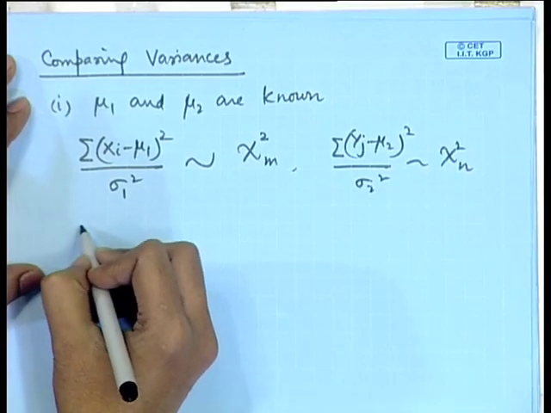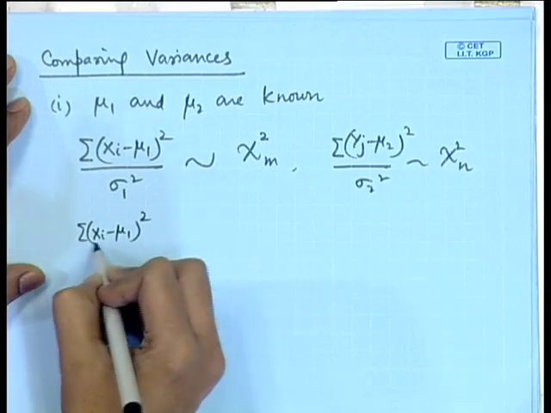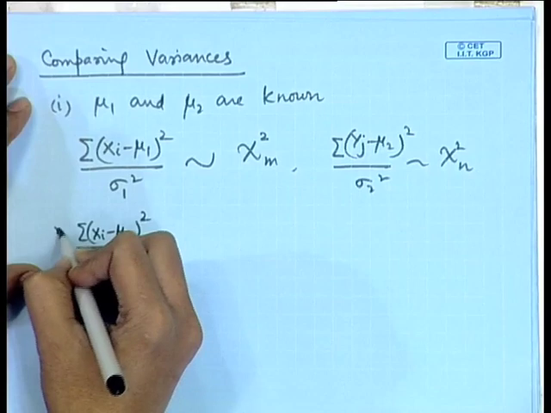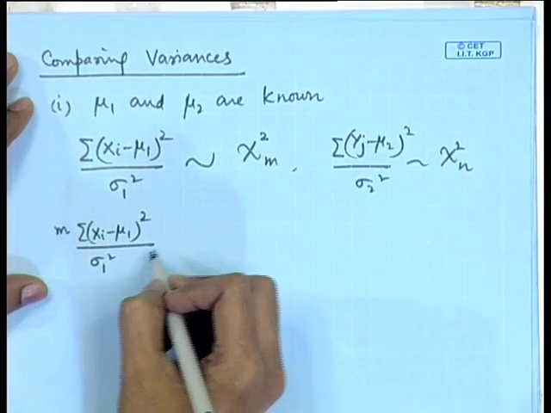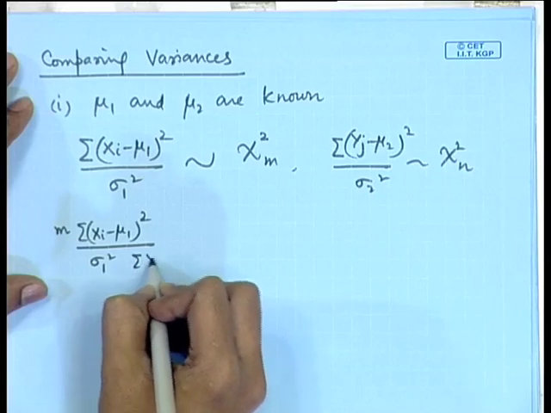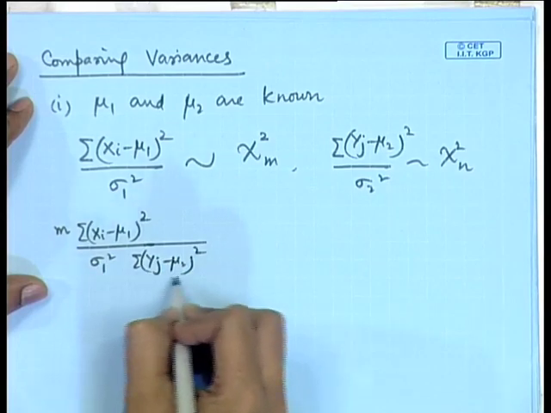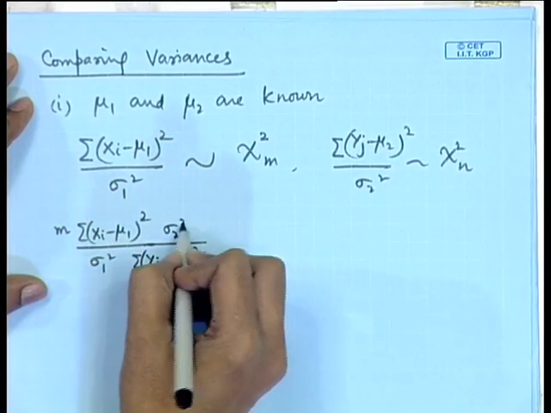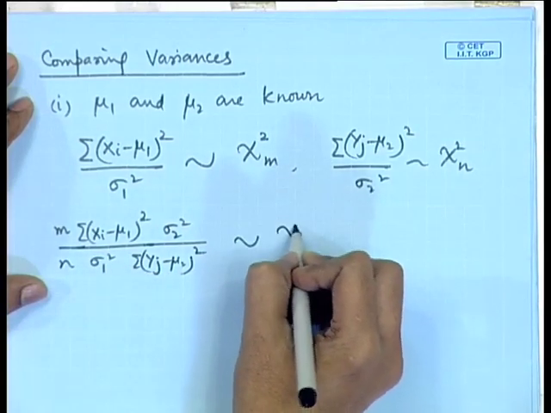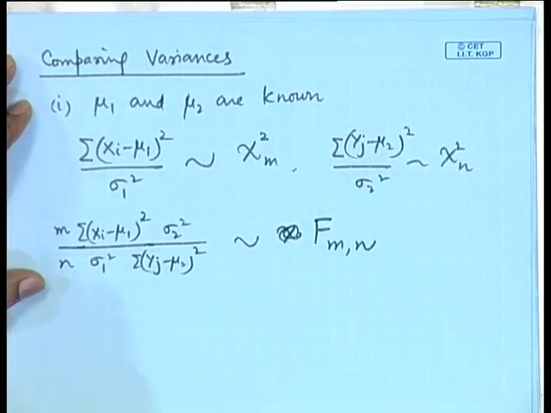So, if we take the ratios, sum of (x i minus mu 1) square by sigma 1 square divided by m, divided by sum of (y j minus mu 2) square by sigma 2 square divided by n, that will have an F distribution on m and n degrees of freedom.